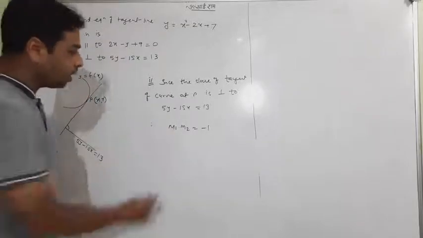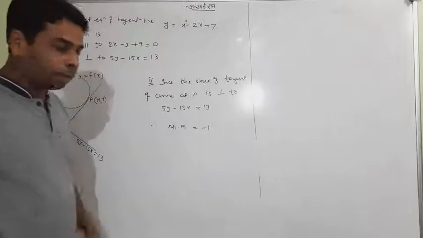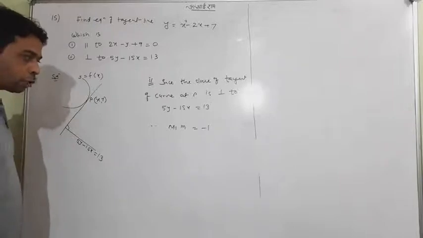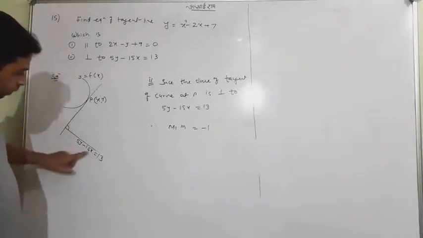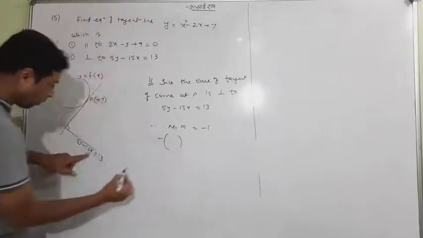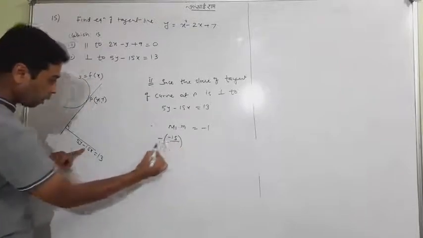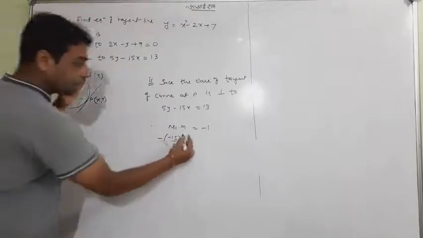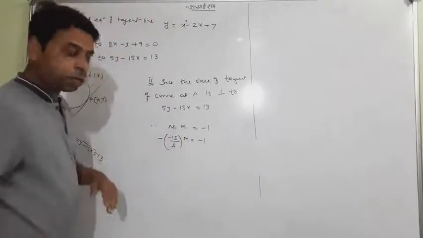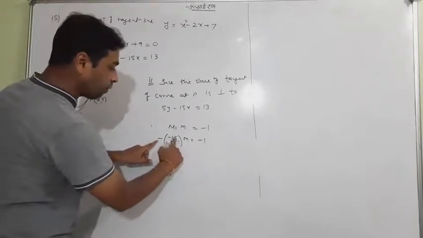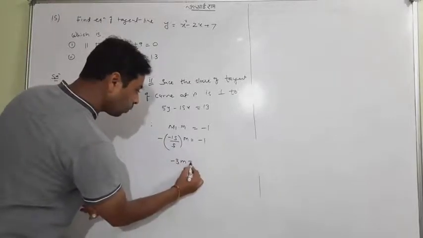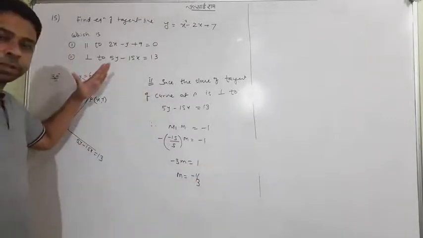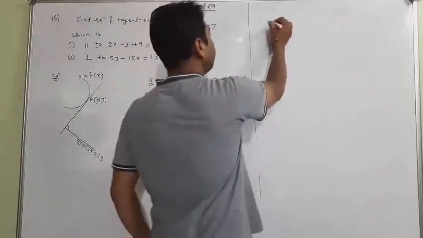So can I write m only? m1 into m equal to minus 1. What is m1? The slope of this line. And what is the slope of this line? I taught you: minus coefficient of x upon coefficient of y. This is the slope of this line, and m1 into m is equal to minus 1. So minus and minus cancel. 5 threes are 15. So for m we have got minus 1/3. This is the slope of the tangent, and again I'll use the same method.